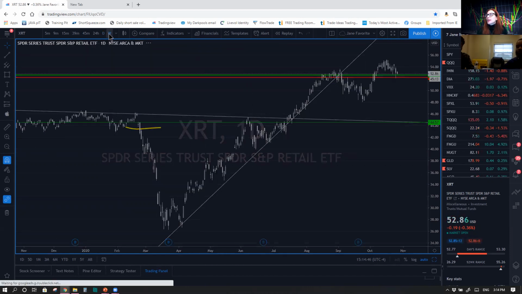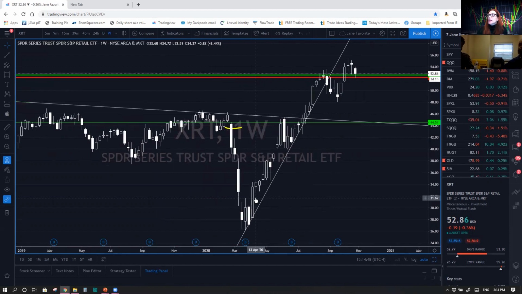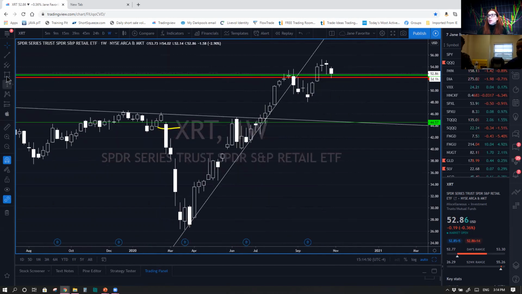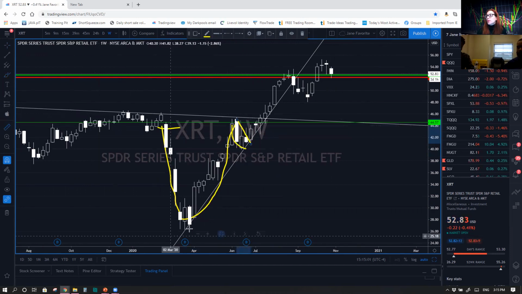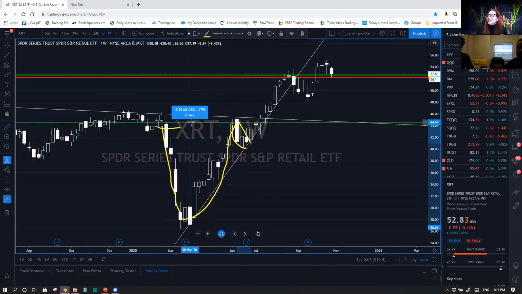And we can see you saw it on the daily. Here it is as well on a weekly chart, right? We have our deep cup and handle, right? And our depth, this is another reason why I like TradingView, roughly 18 points.